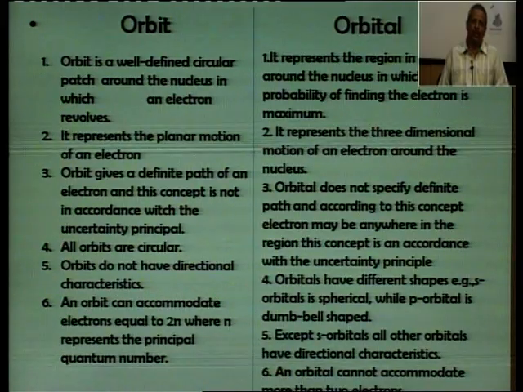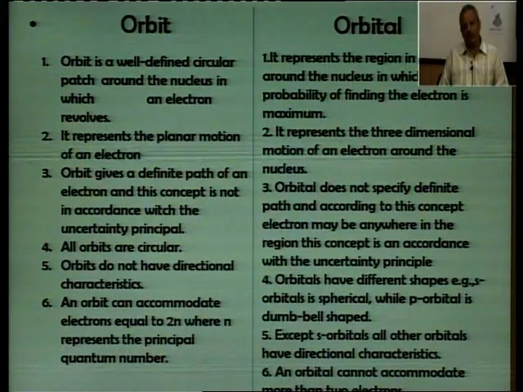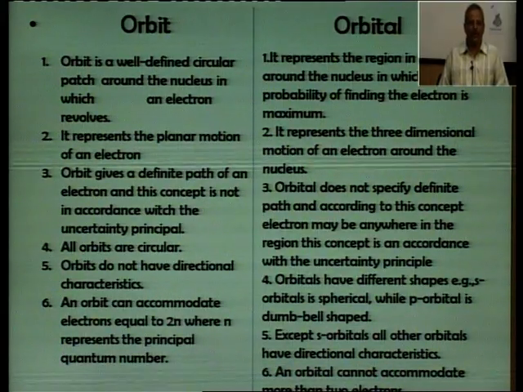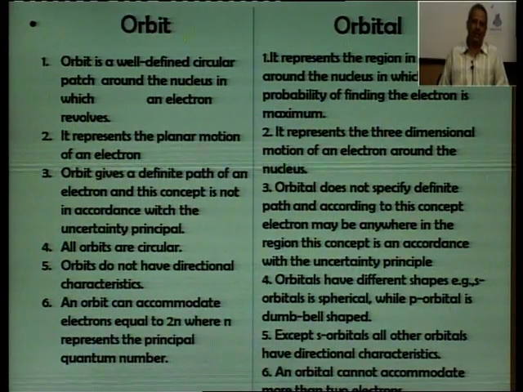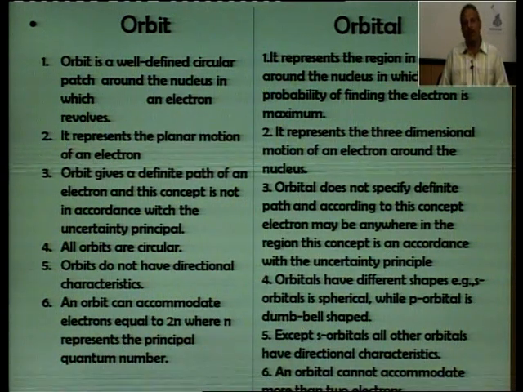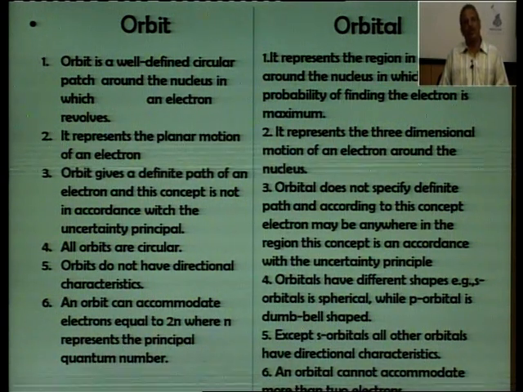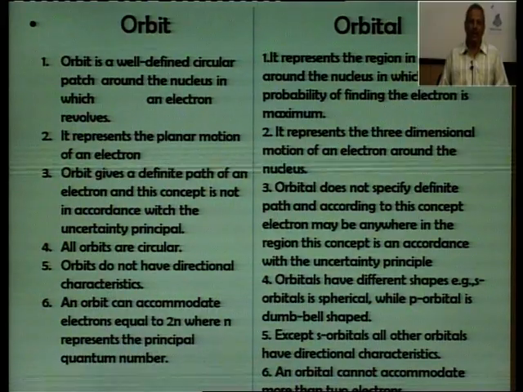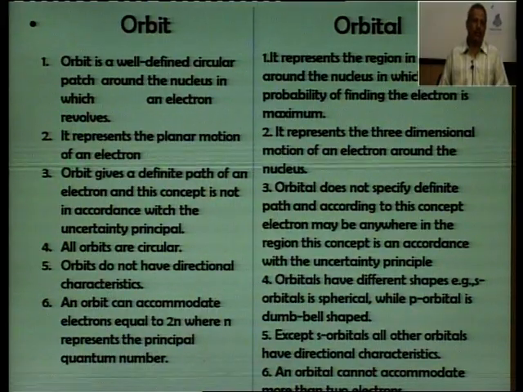So, it is a region, not a fixed circular path. If you consider a football, the electrons are revolving on the surface of the football.